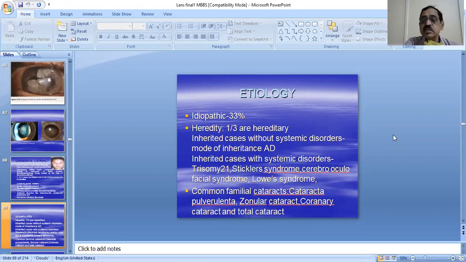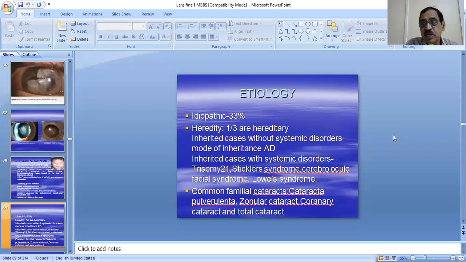Inherited cases without systemic disorders get transmitted by autosomal dominant inheritance. Inherited cases with systemic disorders include trisomy 21, Stickler syndrome, cerebro-oculofacial syndrome, and Lowe syndrome. These are the various conditions which are inherited with systemic disorders.